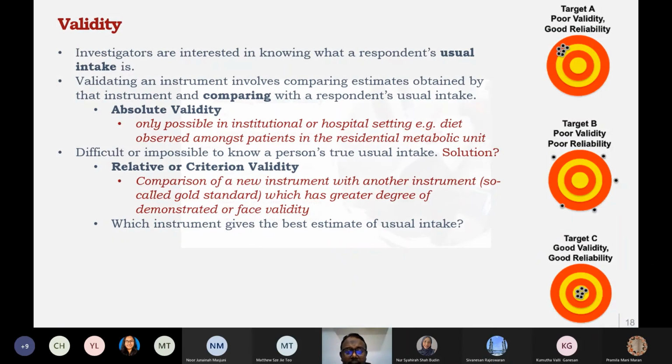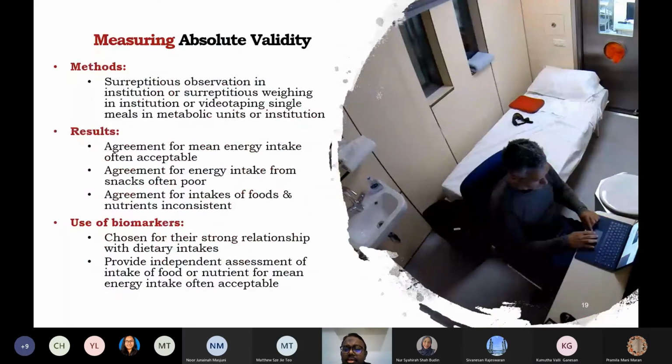So for measuring absolute validity, you place a person in a metabolic unit where you have given them a bed, there's their restroom, a working table, okay, and then food will be delivered through a window here, and then they must stay in this metabolic unit for a period of time where all their activities will be monitored.